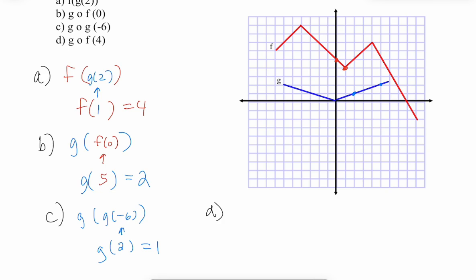And then finally, we've got g of f of 4. If we have an x value of 4, on our f function, what is our height? 7.